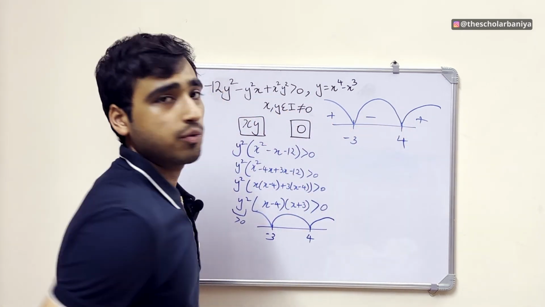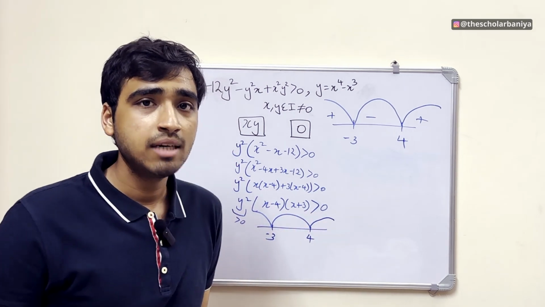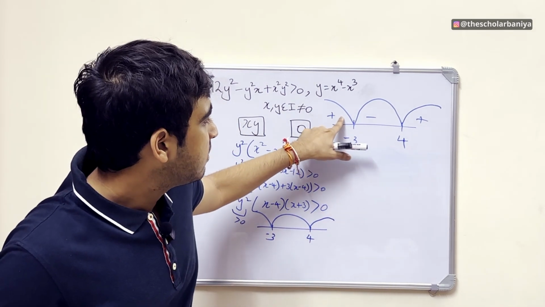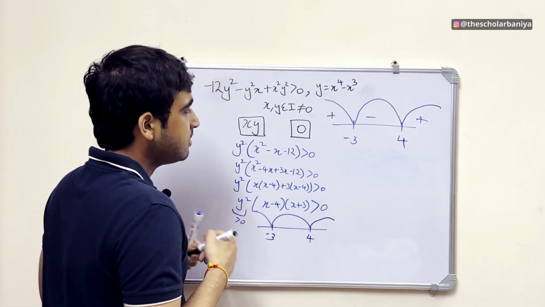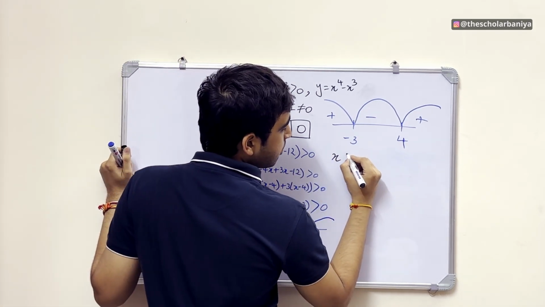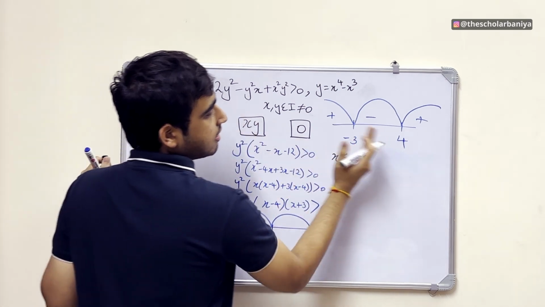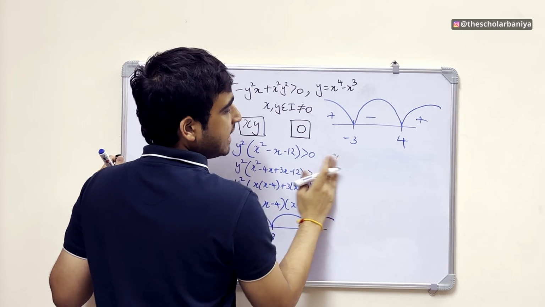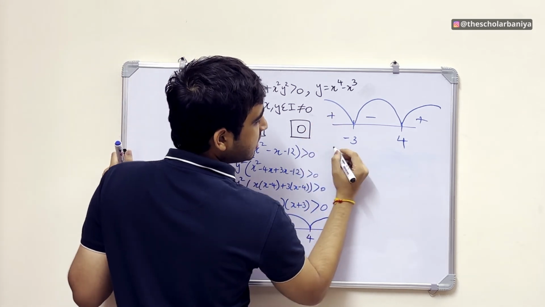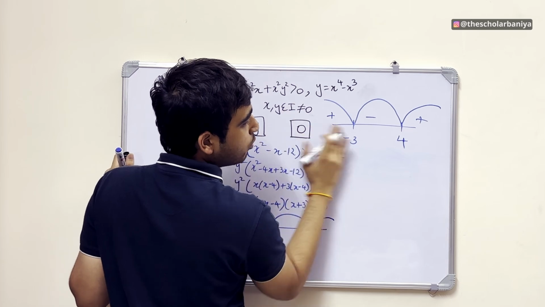So we have this over here. Now in the question, we had a greater than 0 sign, means positive. So we'll take this part and we'll take this part, right? So that means x belongs to minus 3, this is minus infinity, this is plus infinity, right? If I write down the intervals, this plus interval is from minus infinity to minus 3.